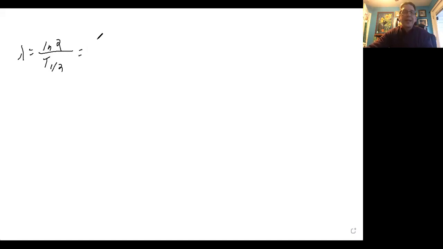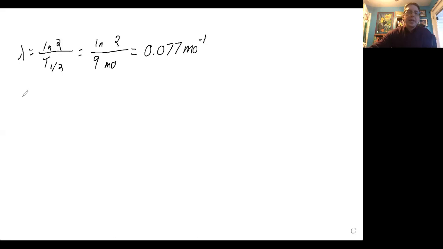So that's the log of 2 divided by, and we'll write this as 24 months, or rather the half-life is 9 months, excuse me. But we'll leave it in inverse months. The log of 2 divided by 9 is 0.077 inverse months.